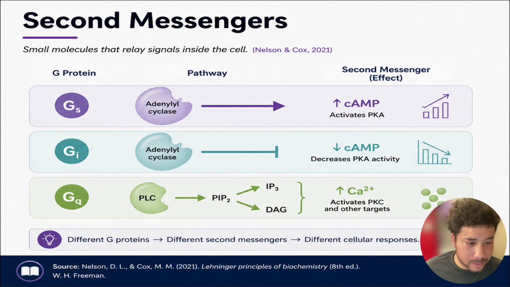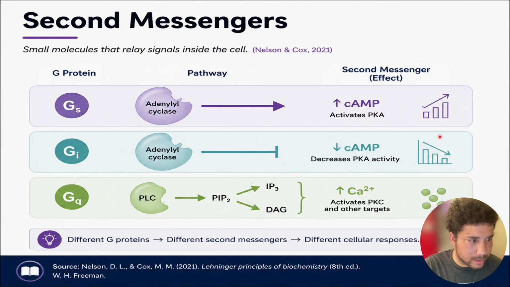Second messengers help to amplify the initial signal that the ligand had caused by binding to the initial site.